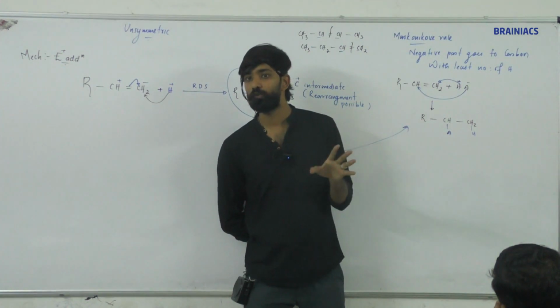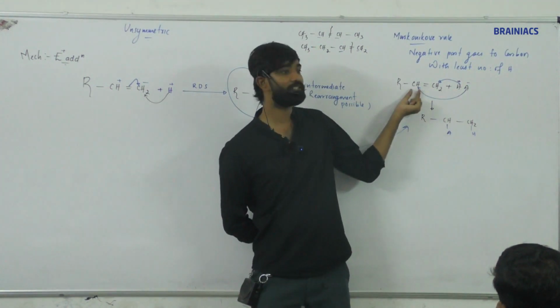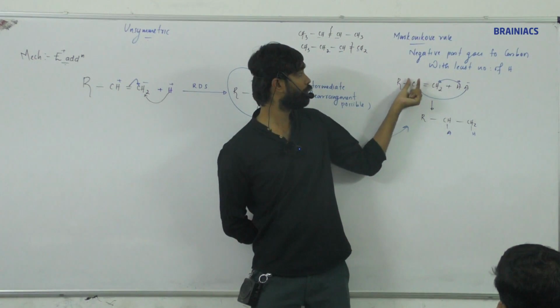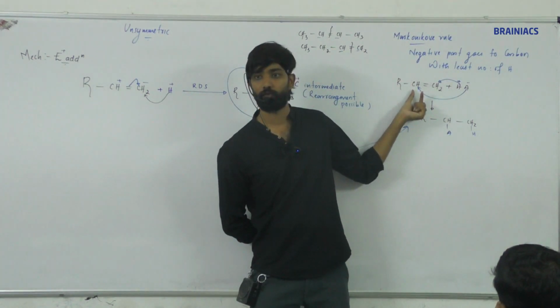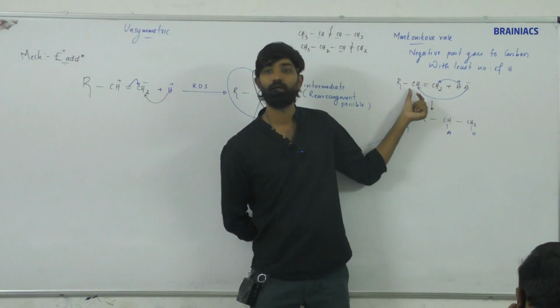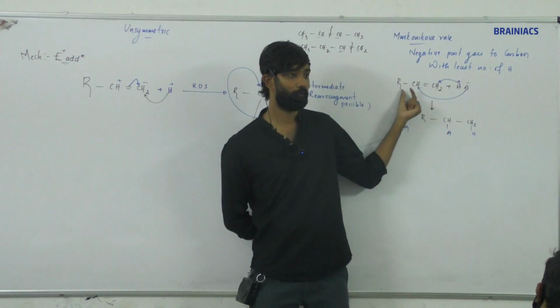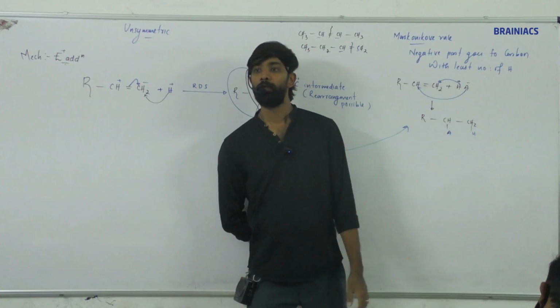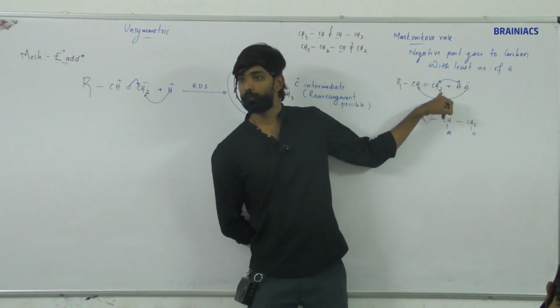If there is no rearrangement, the most stable C plus will be generated on the non-terminal portion. If the carbocation is generated on the terminal portion, what happens?